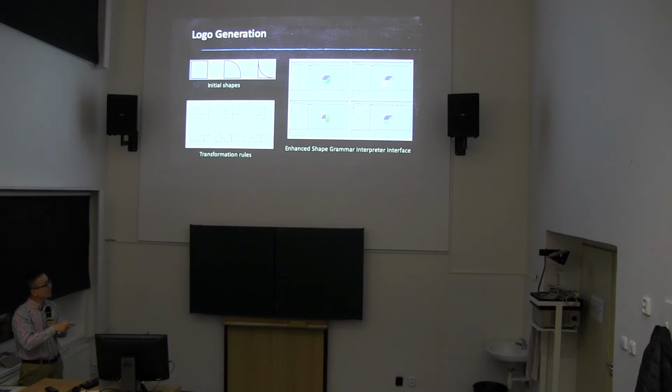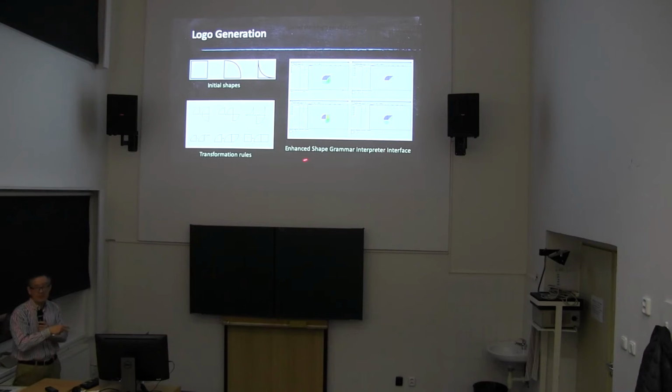Then we designed this software called the Enhanced Shape Grammar Interpreter. Previously, a researcher from the Netherlands implemented an initial version of a shape grammar interpreter, and it was very preliminary and had a lot of limitations.